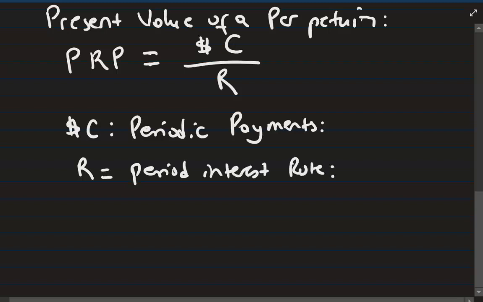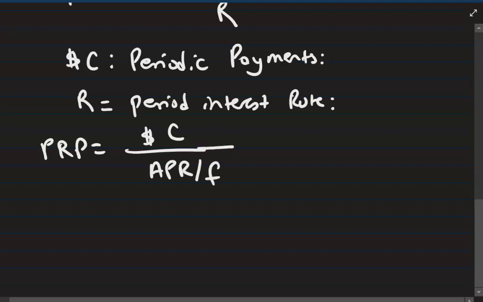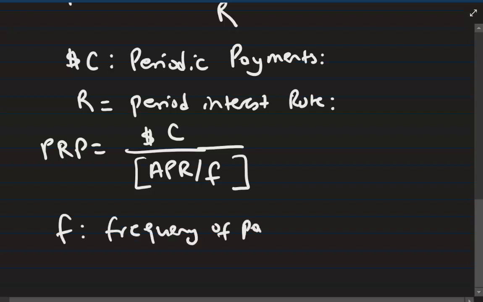Or if you want to be able to handle different kinds of interest rate conventions, you can also write PVP as $C times APR over F, where F is frequency of payment in a year.